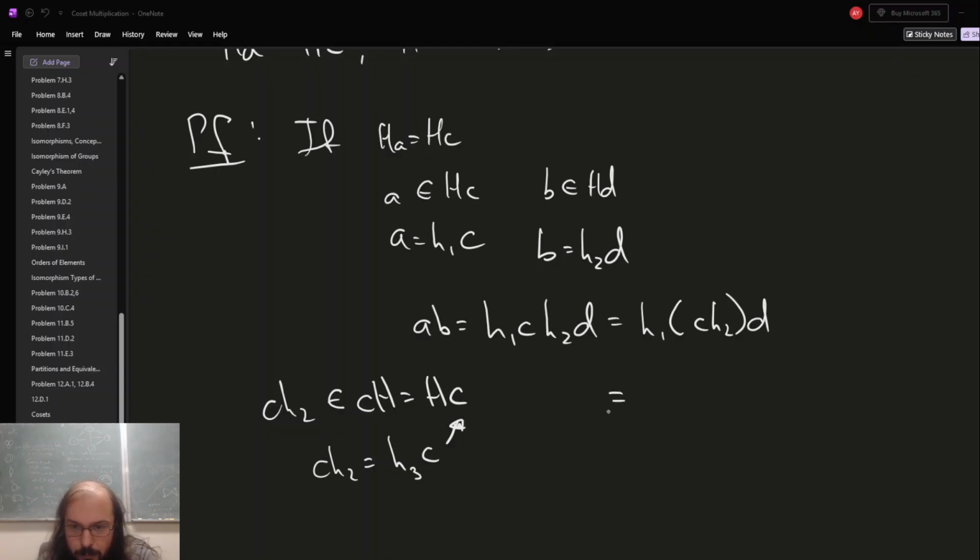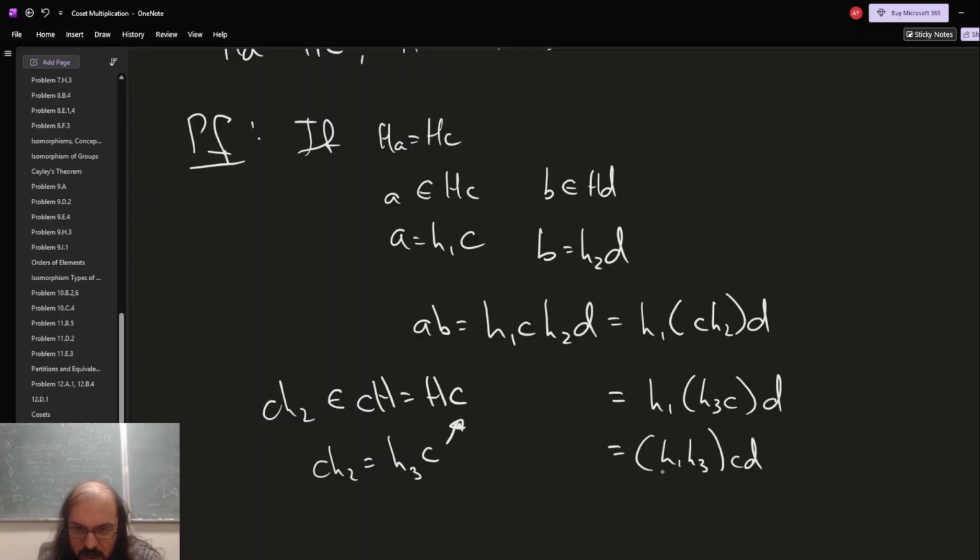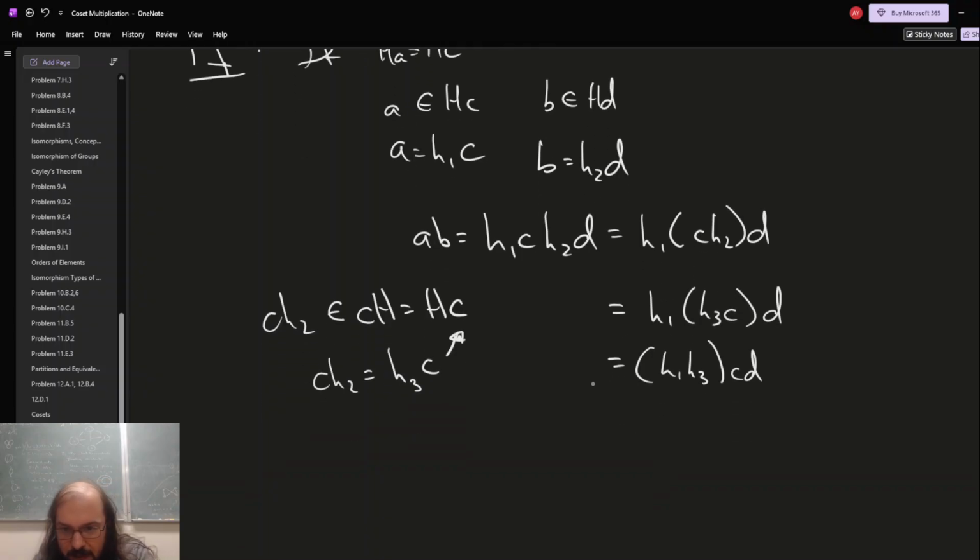And now we can finish the regrouping. This is h3CD, or h1h3CD. And because H is a subgroup, this is just something in H. And so what that means is I have succeeded in taking the product that I wanted and showing that, up to multiplication on the left by something in H, these are equal.